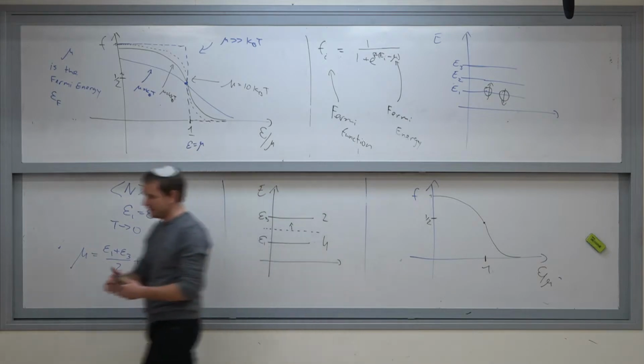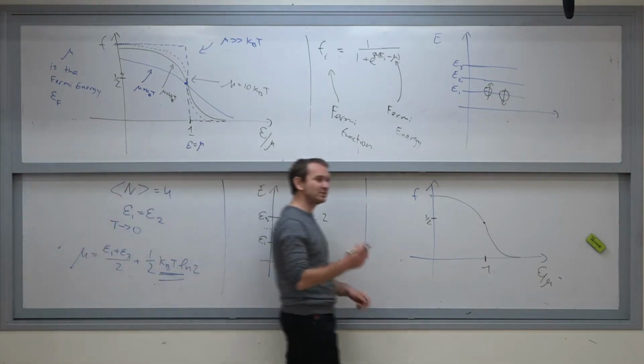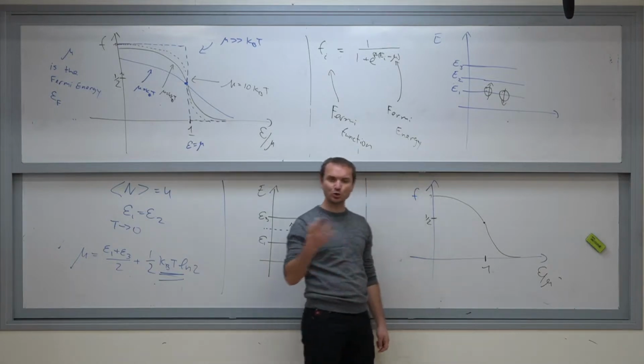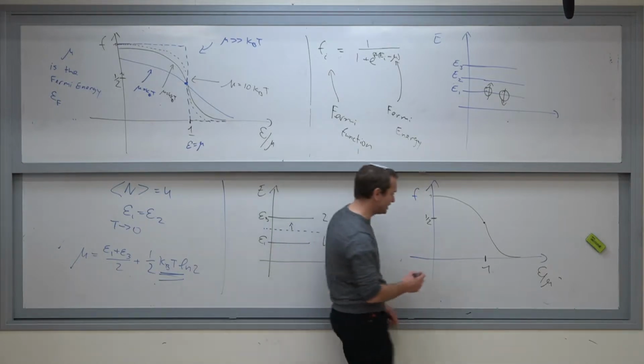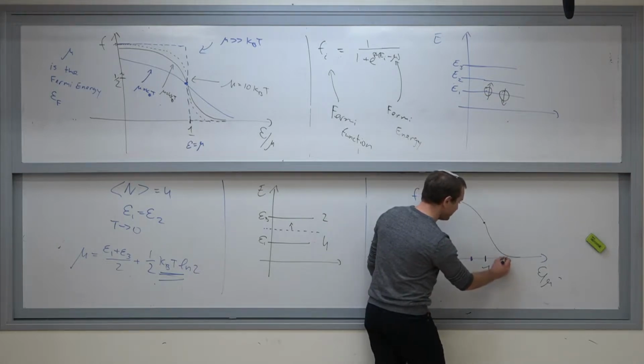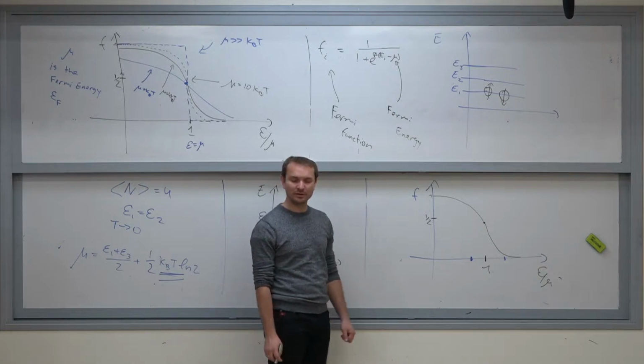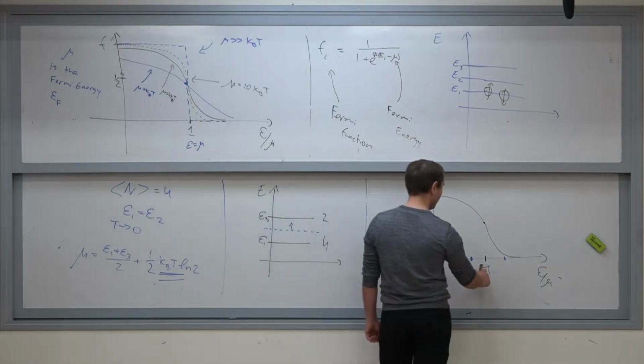What I'm saying is the energetic levels that have significant fluctuations are in this band around energy equal to mu, the Fermi energy, epsilon Fermi. Okay?